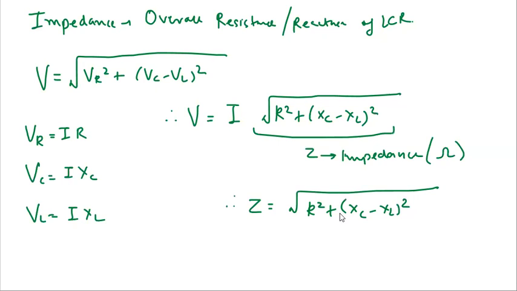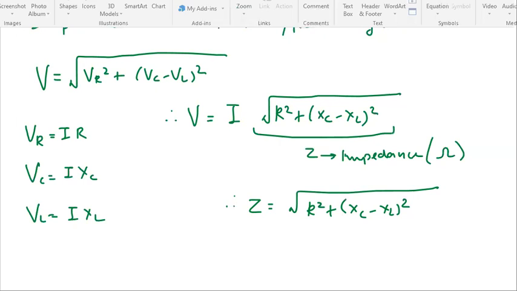Now in the case of an LCR circuit, it is not necessary that current and voltage will be in phase or differ by pi by 2. So there will be a phase difference between current and voltage. How to find this phase difference?